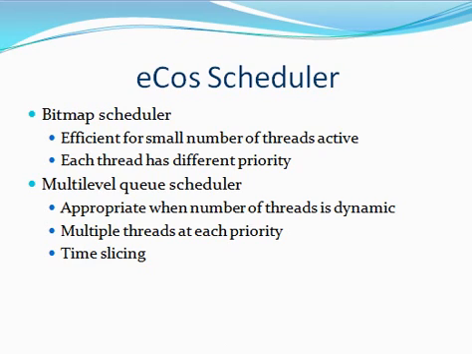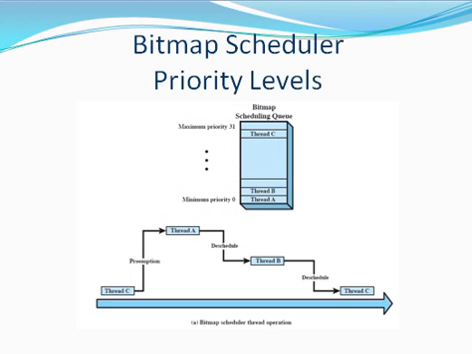If time slicing is not desired, the bitmap scheduler supports multiple priority levels, but only one thread can exist at each priority level at any given time. The scheduling decisions are quite simple.